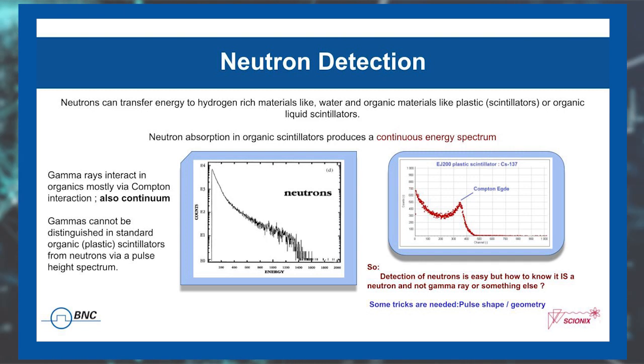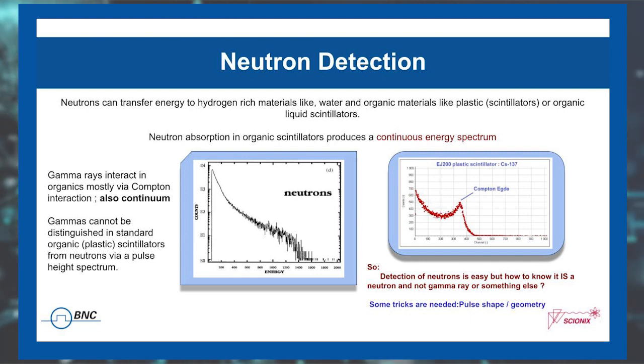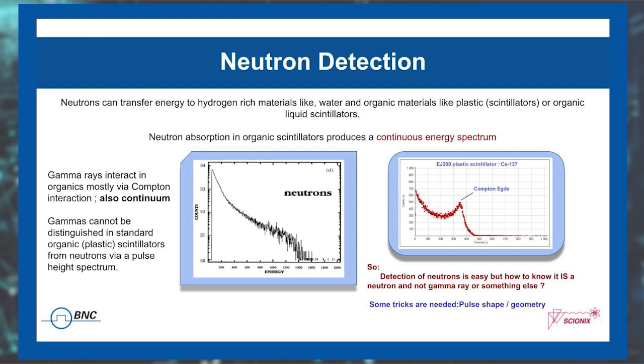Neutrons can transfer energy to materials by bumping into hydrogen-rich materials, bumping into protons, and transferring energy by elastic and inelastic scattering. So a very good neutron absorber and scintillator actually is a regular plastic scintillator or an organic liquid. But when the neutrons are absorbed in organic materials, they produce a continuous energy spectrum. To the left, you see a spectrum of a neutron in an organic material.